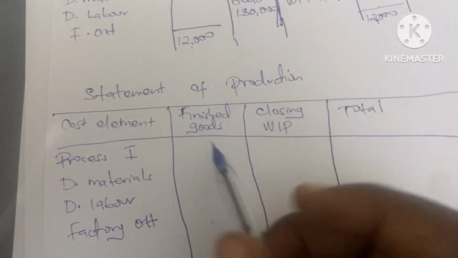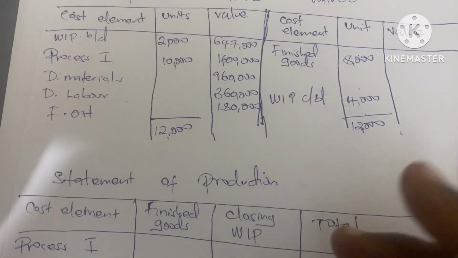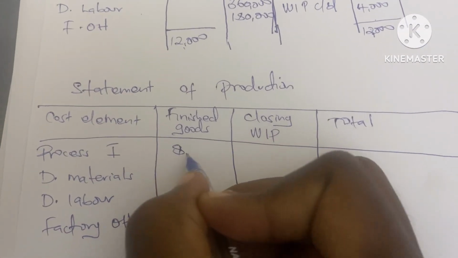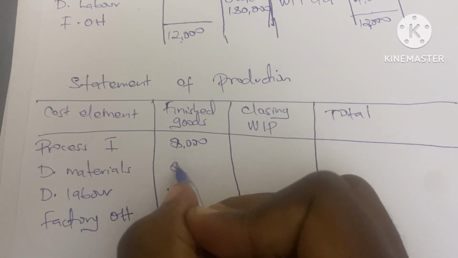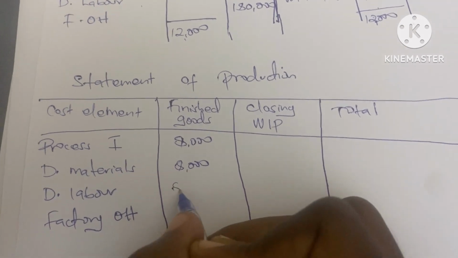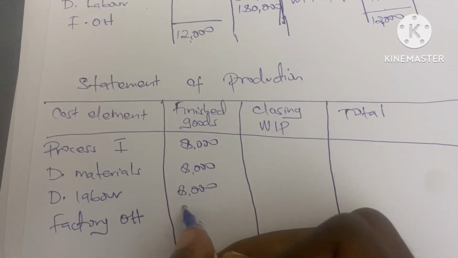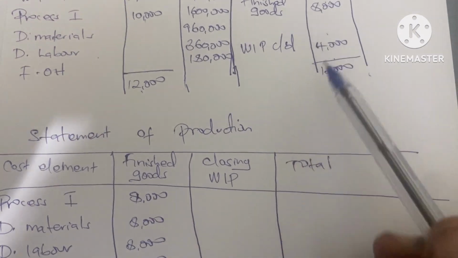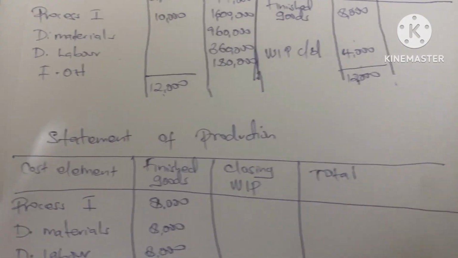So finished goods. Finished goods is this 8,000 that we got here. It is constant. So 8,000, 8,000, 8,000, 8,000.